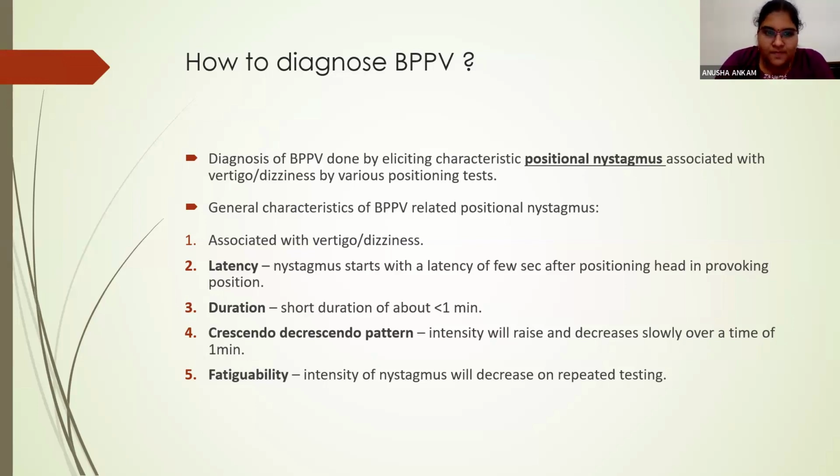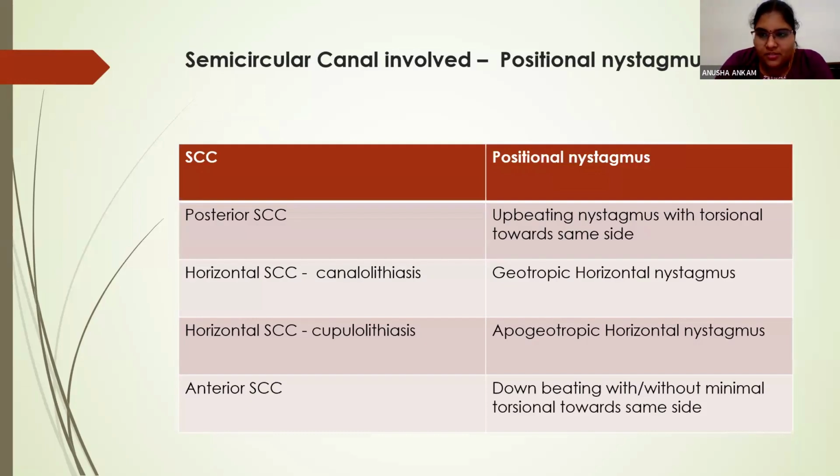And coming to duration, it will be short, less than 1 minute. And it follows the crescendo-decrescendo pattern. That means the intensity will rise and then decrease slowly over a time of 1 minute. And there will be fatigability of the nystagmus. The intensity of nystagmus will decrease on repeated testing.